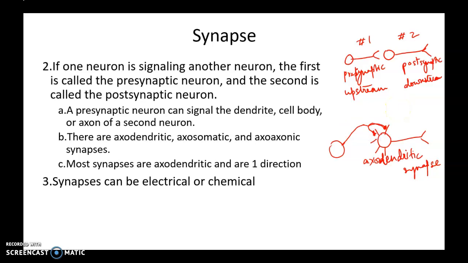All right. In another case, we can have a postsynaptic neuron, and the presynaptic neuron is synapsing to the soma or the cell body.